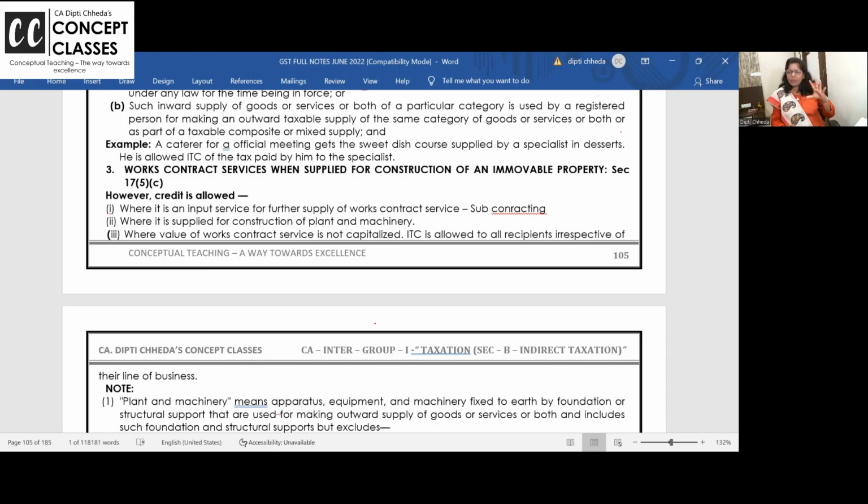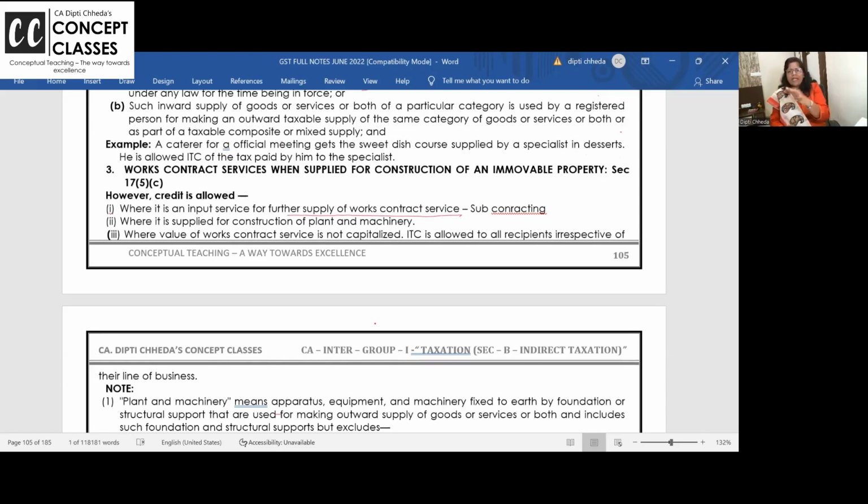Works contract, I hope you know all the construction related service definitions we did in the beginning. Works contract service, when supplied for construction of immovable property, no ITC is allowed, except where it is input service for further supply of the works contract. You are a contractor, you have taken a construction contract.